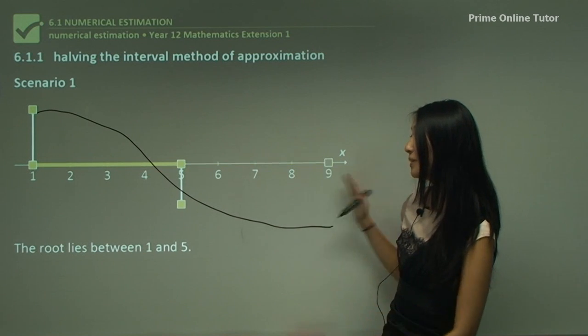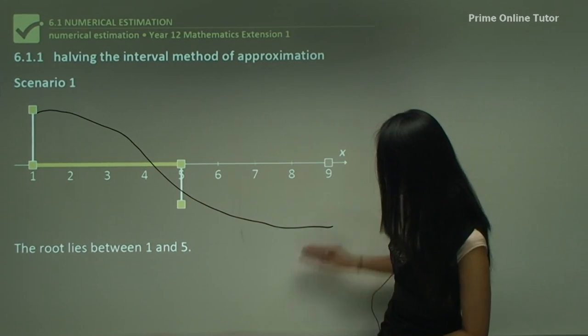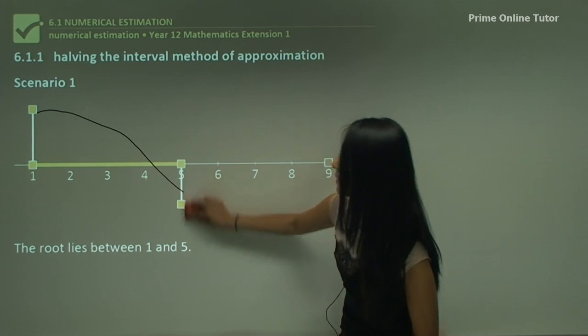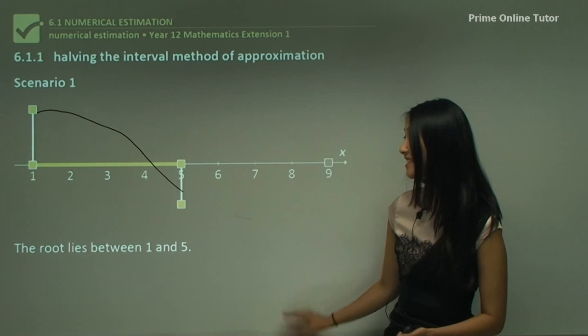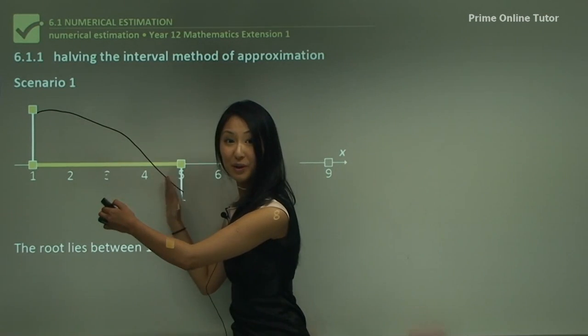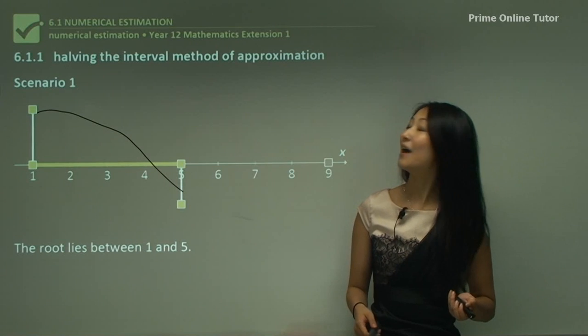So we just eliminate that area there, because they were both negative, so we assume it's not going to be between there, and it's going to be between 1 and 5, yeah? Can you see how now we've narrowed that interval between 1 and 5 now? Yeah, exactly. All right, let's test that again.